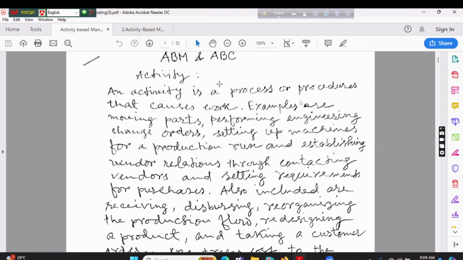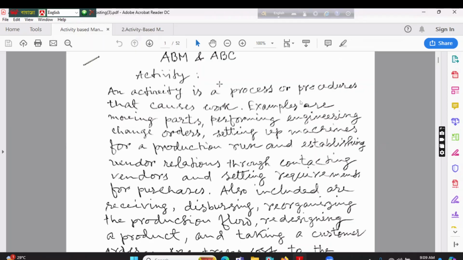Now, activity. Cost accounting, Ray-Ban. So we find there are a number of books in which we find this topic.